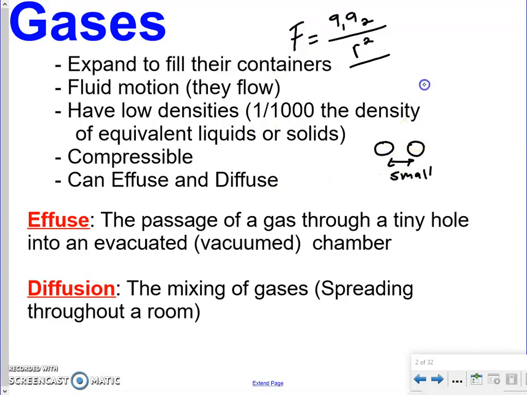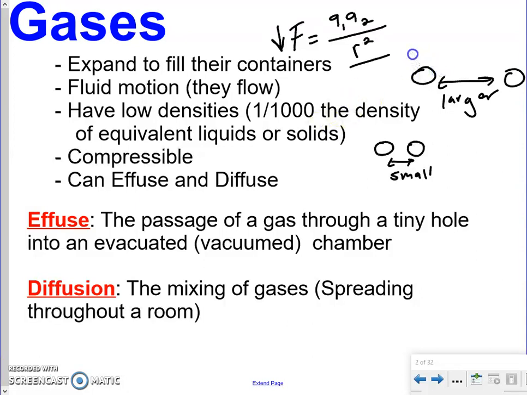Versus in a standard gas, like the oxygen in the air, they're much further spread apart. This distance becomes large, which gives us a larger denominator, which means our force of attraction will decrease, again giving them the ability to have very few, spread out intermolecular forces.